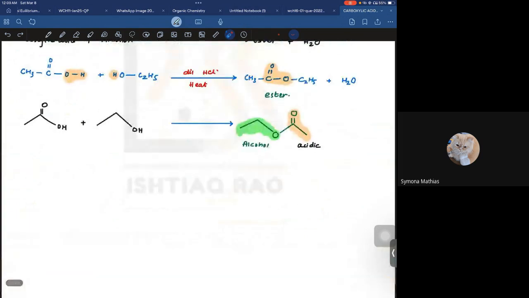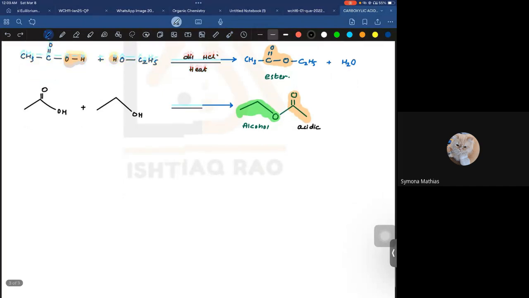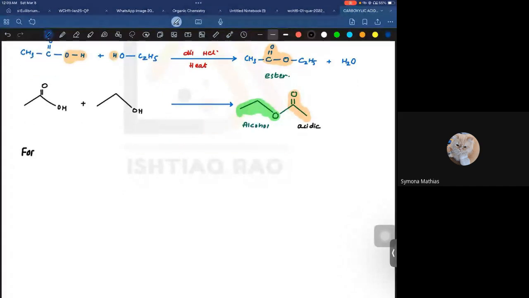Then we have formation of acyl chloride. What does it mean, formation of acyl chloride? See this.